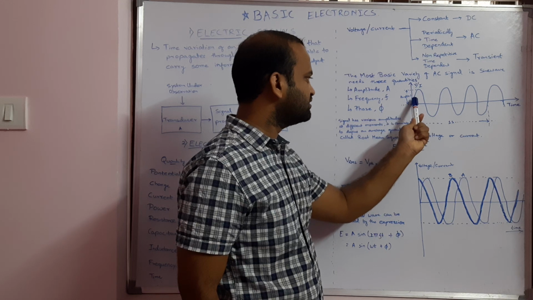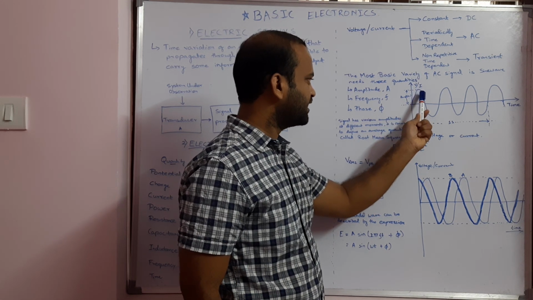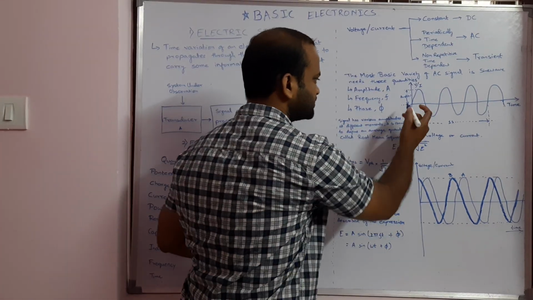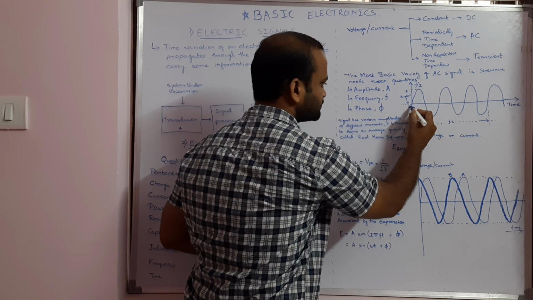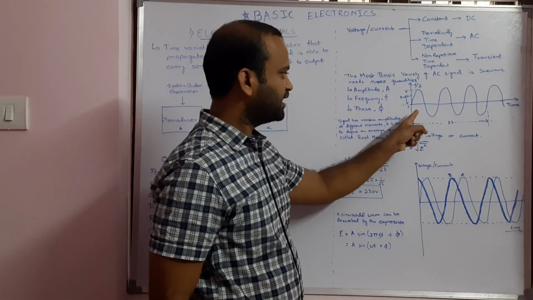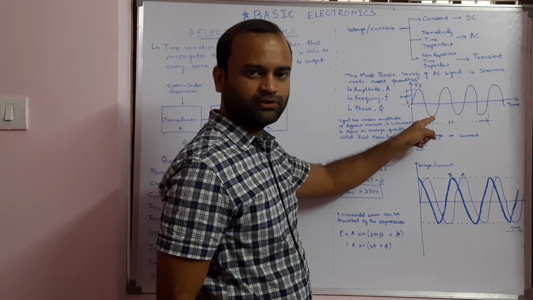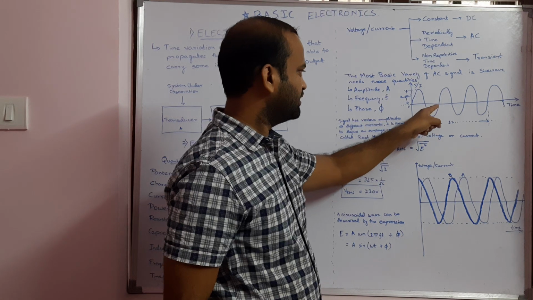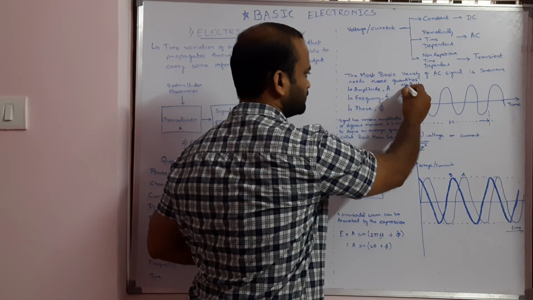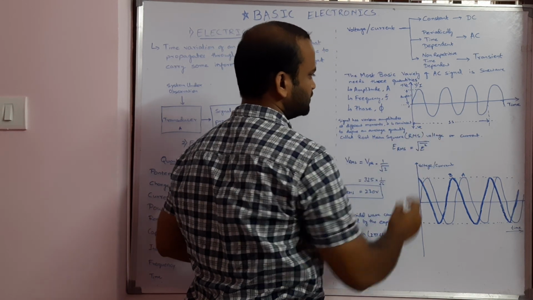It increases, then decreases and comes back to the zero reference, 0 volts or 0 current, and goes to the negative side of the amplitude. This is the positive side, and this is the negative side.